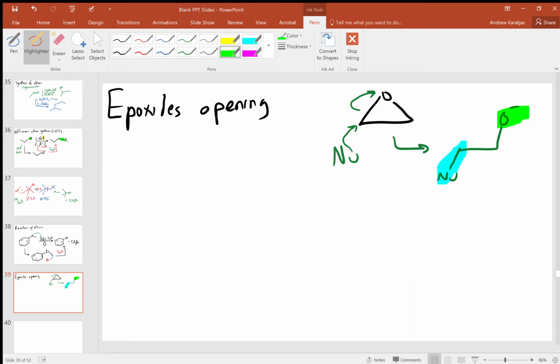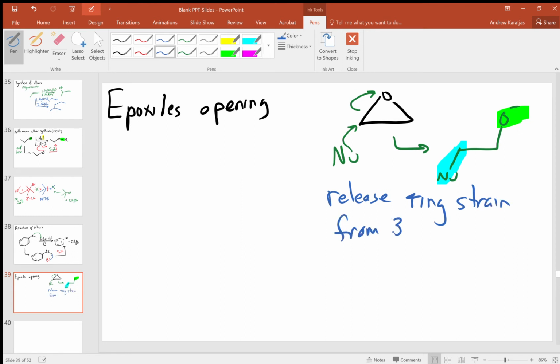But when this step occurs, we release all the ring strain from the 3-membered ring. And it's basically a case of what's worse. Is it worse to have the O- as a leaving group, or is it worse to have the 3-membered ring? It turns out having the 3-membered ring is worse, and so given the opportunity, the molecule would rather have the bad leaving group than be strained like this.